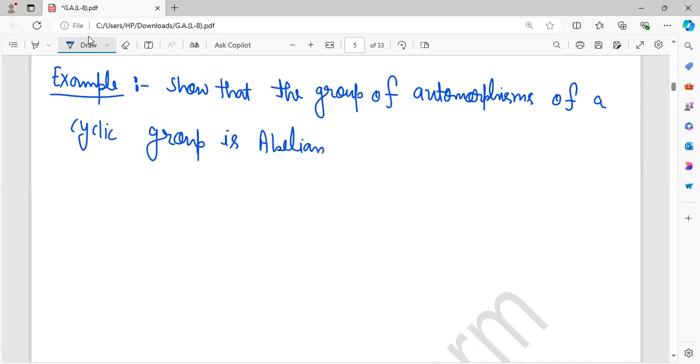Okay. So you take any cyclic group, the corresponding automorphism group Aut(G) is an abelian group.